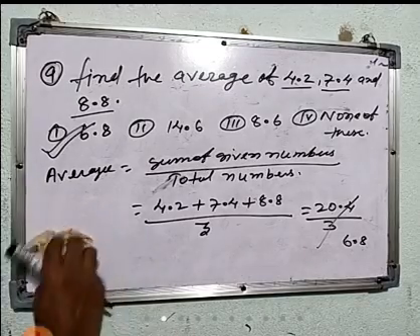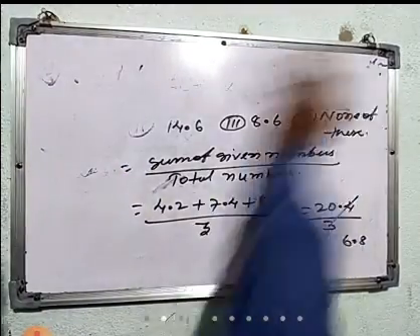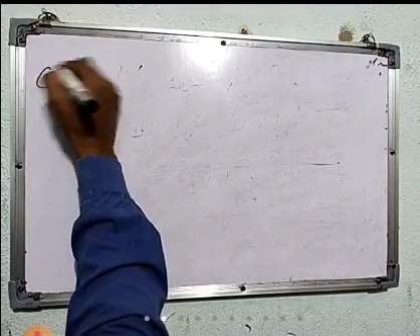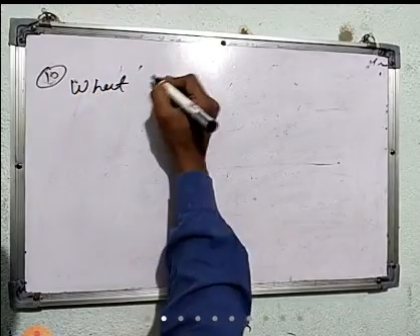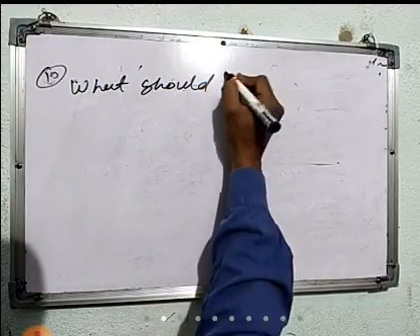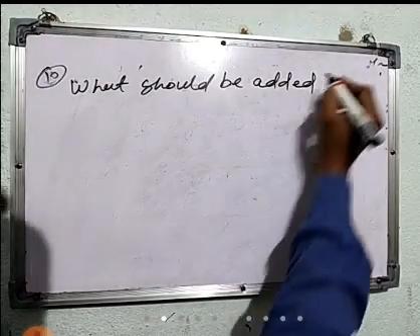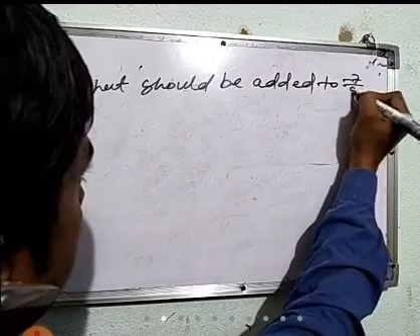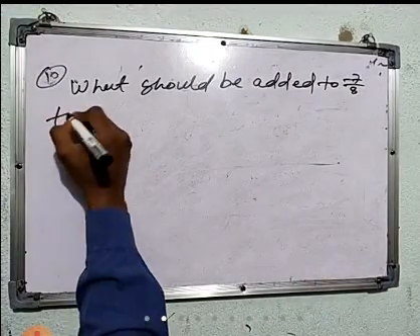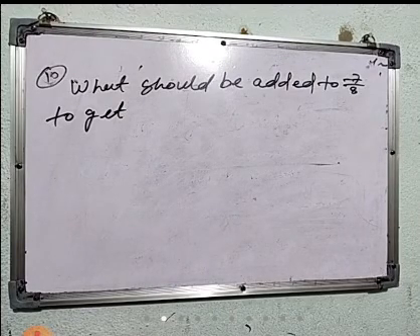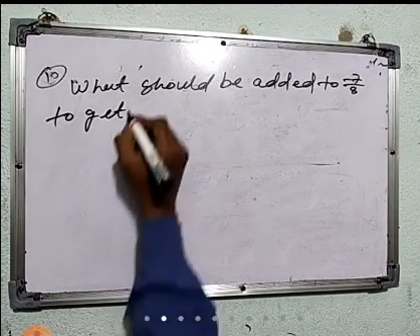Next question, from chapter 4. What should be added to minus 7 by 8 to get 4 by 9?